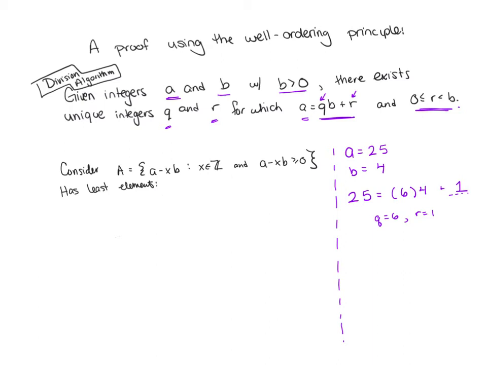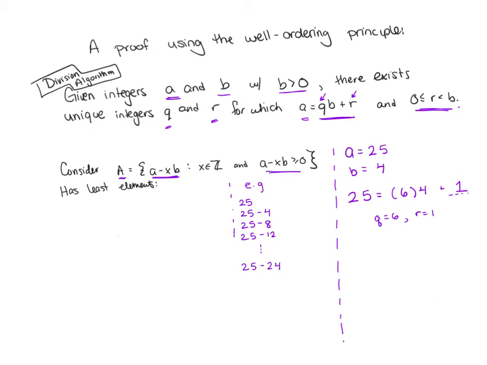I'm going to consider the set A of all of the elements of the form little a minus x times b. So in our example, I'm going to start with my 25 minus 0 times b. Then I'll have 25 minus 1 times b, 25 minus 2 times b, 25 minus 3 times b, and so forth, 25 minus 6 times b.